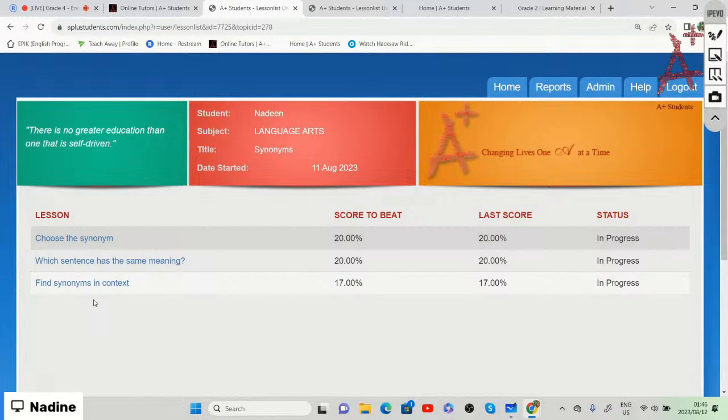We made an example of funny or amusing, both being funny, like you are laughing. So this is the end of our lesson on synonyms, and we said synonyms are words that have the same or almost the same meaning. This is now the end of our lesson, grade 4 on synonyms.